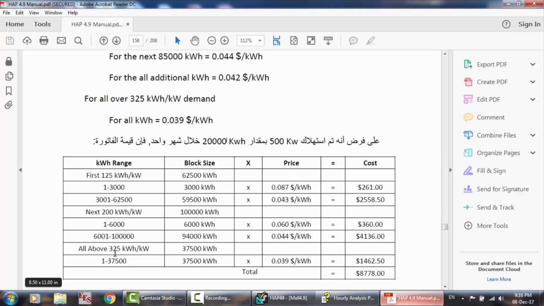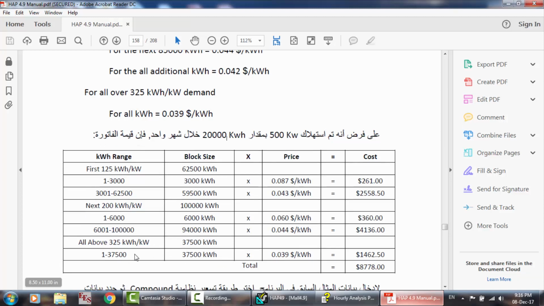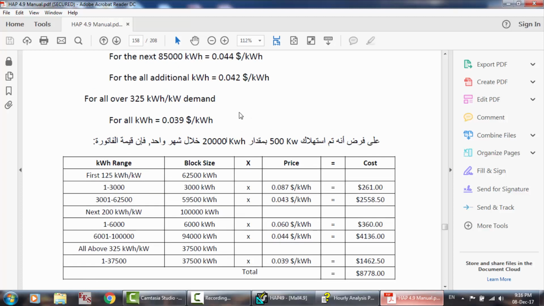So all above 325 kilowatt hour per kilowatt, we have another price, from the total 200,000 kilowatt hour. If you make a summation of all the kilowatts, you will get the total.